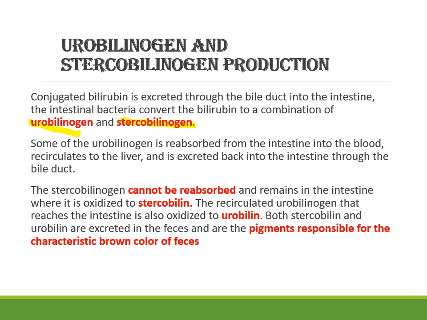Some amounts of urobilinogen will enter the hepatic circulation leading to your kidney, and the kidney will excrete amounts of urobilinogen, and some will also be used in the formation of conjugated bilirubin.